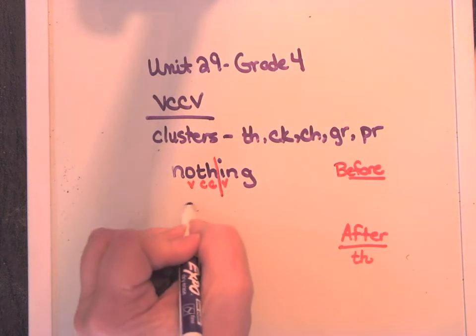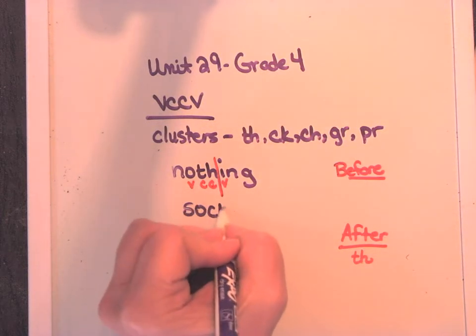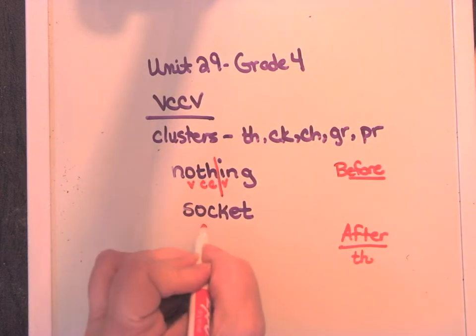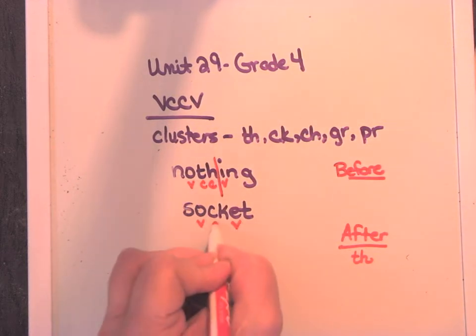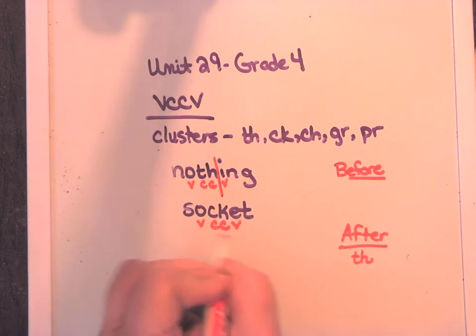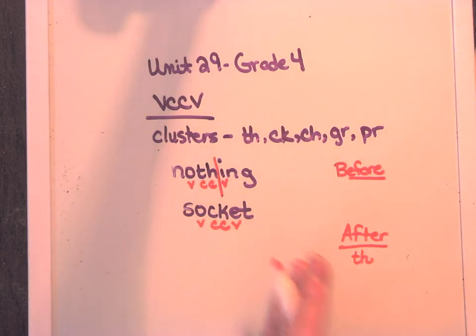All right, the next one I have is CK. So let's see if we have a word with CK in our challenge or review words. I'll pick a different word, like the word socket, like a wrench and socket tools that we would use. If I have the word socket, I find my two vowels, and then I see my consonant cluster. Is it sock-et or so-cket?